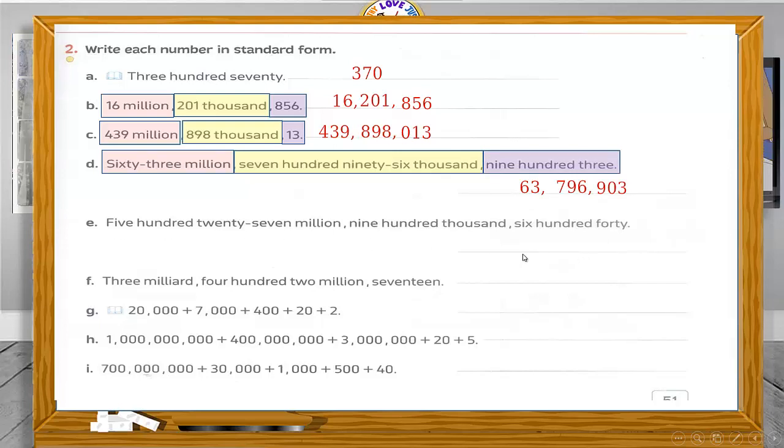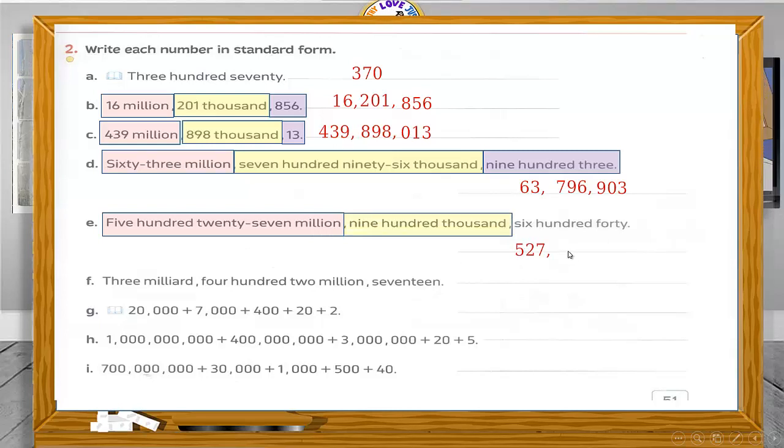So you should write 3 periods like this. Write the first period, 527 million. 900,000 in the thousands place or second period. Write 900. So you should put 0 and 0 in tens and ones places. Last period 640. Write 640 in the ones period.